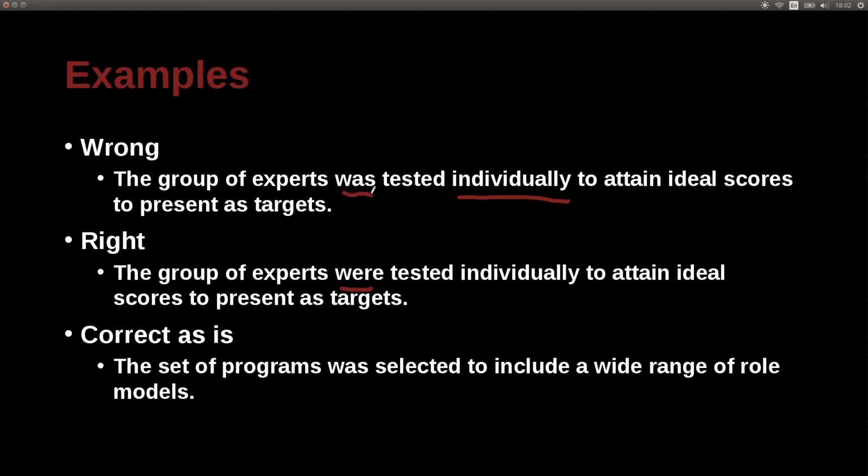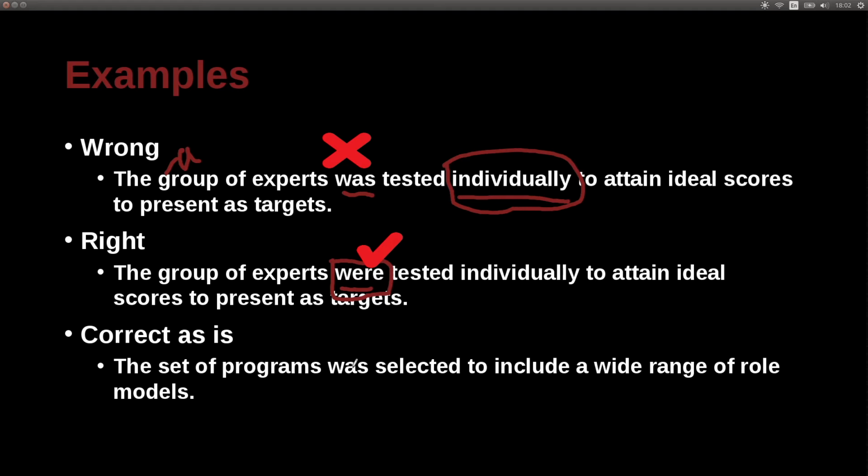So why now was wrong? Just previously we said was is correct because a group would be one. So why is this wrong? Because of the individually right here. This individually means one by one. So they are a group, but we tested them one by one. So one by one they were tested. It's not a group anymore, it's a they, there.